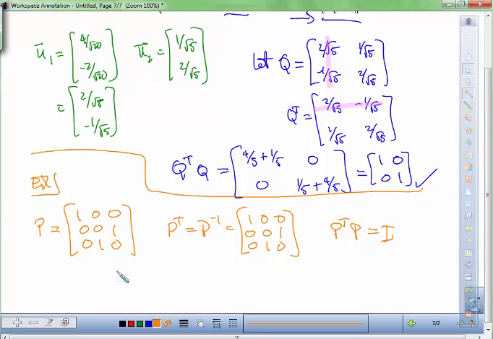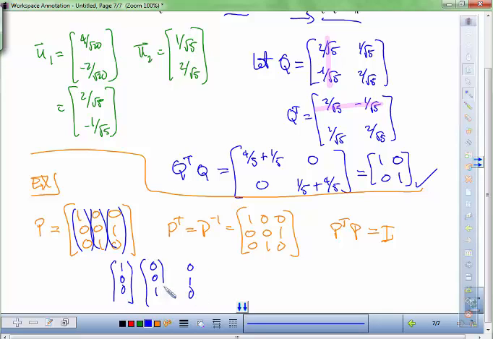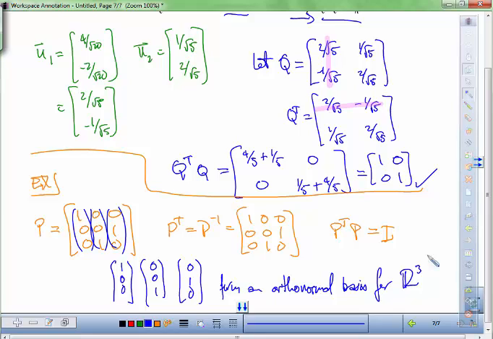That must mean that if we take the column vectors here, 1, 0, 0, 0, 0, 1, and 0, 1, 0, they form an orthonormal basis for the subspace. In this case, it's all of R3.